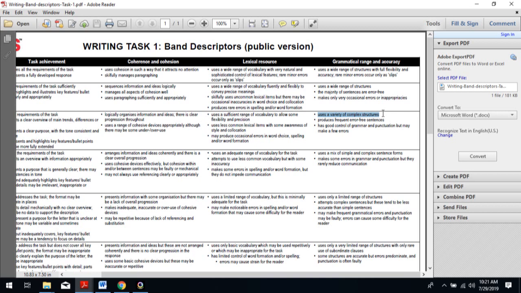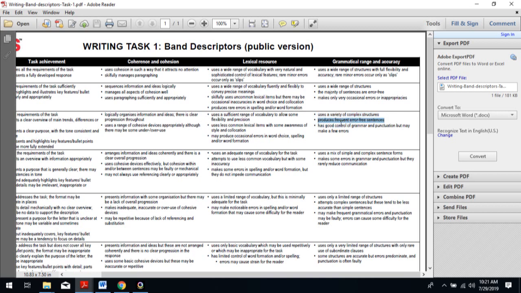If you don't remember your structures anymore, okay, I'm sure that if you speak English or can write in English, then probably you have studied it in the past, in high school or college. So go back to your lessons on grammar and learn what are complex structures and how do you come up with them. You should also produce frequent error-free sentences.